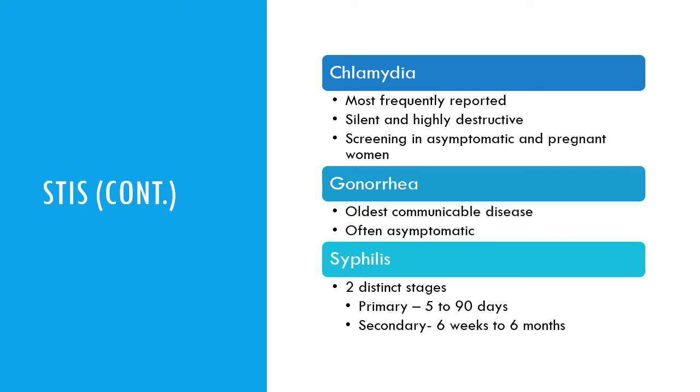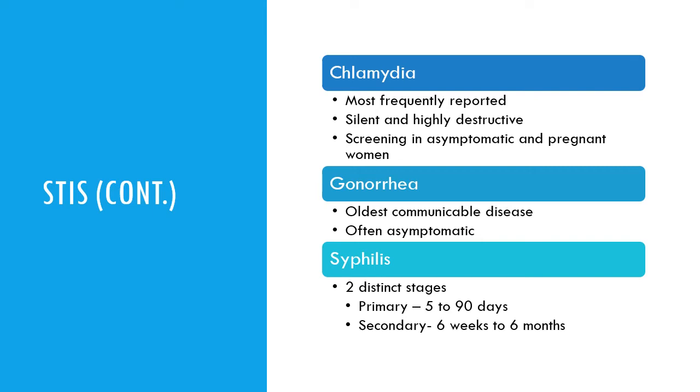It increases the risk for an ectopic pregnancy, and also for acquiring an HIV infection. If symptoms are seen, we can see some spotting, some postcoital bleeding, or a purulent cervical discharge.